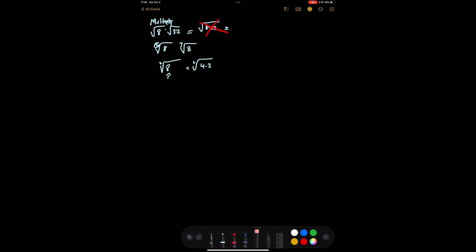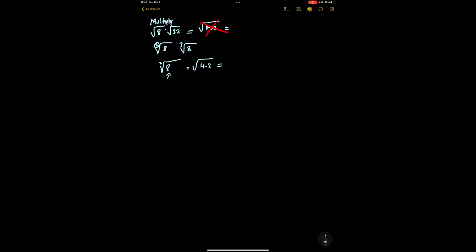So now we can use the distributive formula. I'm going to rewrite this as square root of 4 times square root of 2. Now, we know what square root of 4 is, right? It's 2. In this case, we're gonna assume everything is positive.